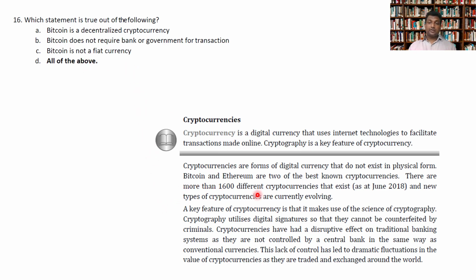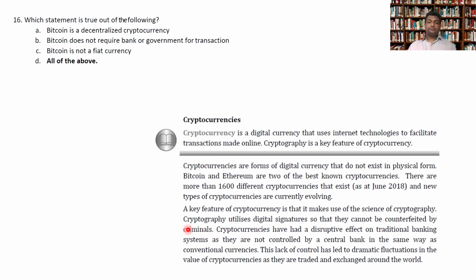Bitcoin and Ethereum are two of the best known cryptocurrencies. There are more than 1600 different cryptocurrencies in existence, and new types of cryptocurrencies are evolving. So there might be a lot more by now. A key feature of this is that it makes use of the science of cryptography. It utilizes digital signatures so that they cannot be counterfeited.